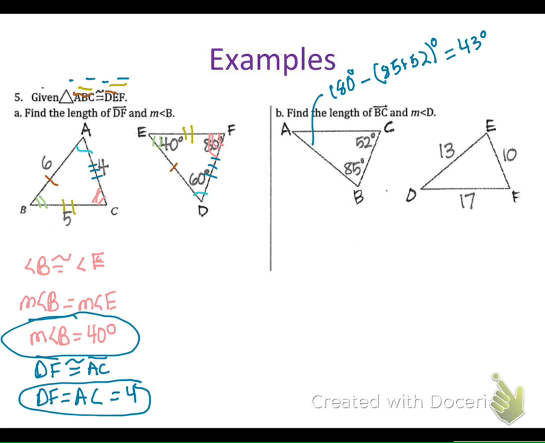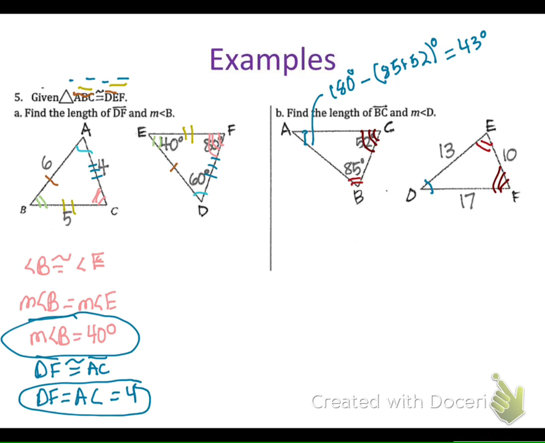So we see that A corresponds to D. We see that B corresponds to E. So B corresponds to E. And then we have C, which corresponds to, so remember that has 3 tick marks or arcs.